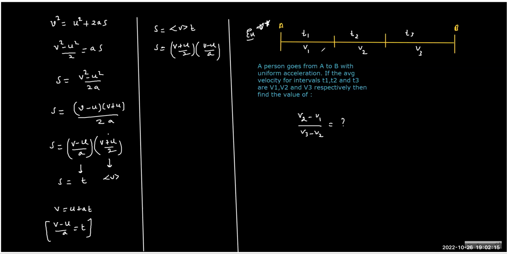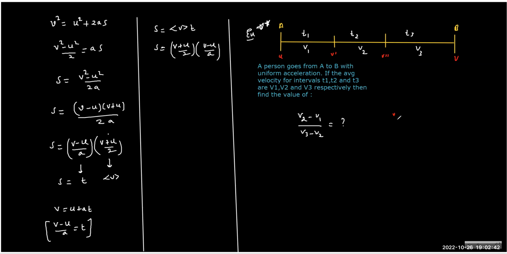Let me give you some hint here. Assume velocity here U, here V dash, V double dash, and V. That's the easy way. So if you know the velocity at the end, and if you know the time, and if the acceleration is constant, we can write the U and V dash relation, isn't it?